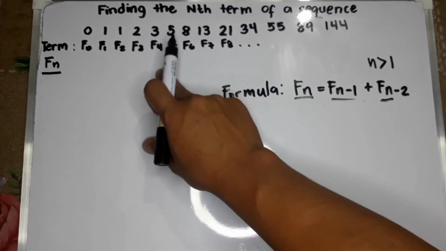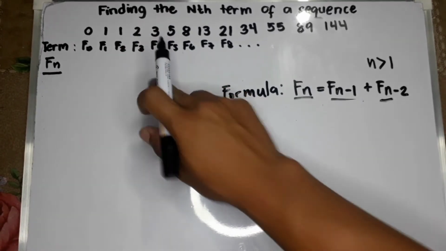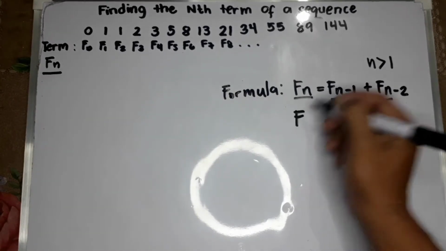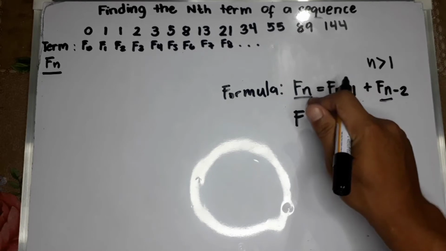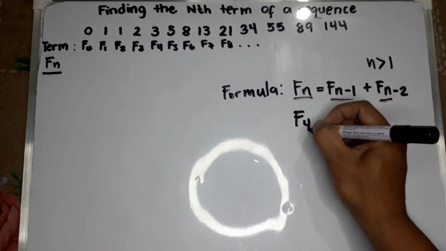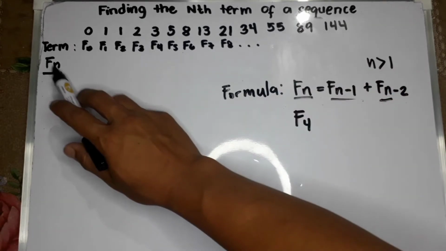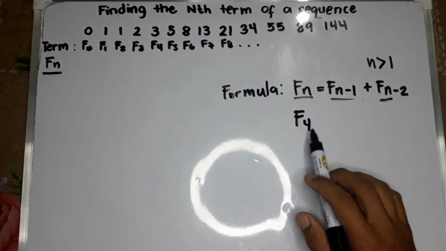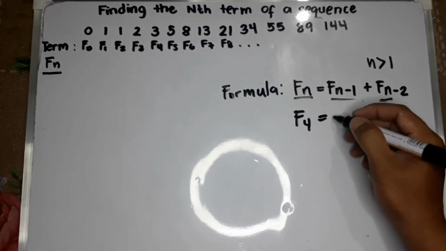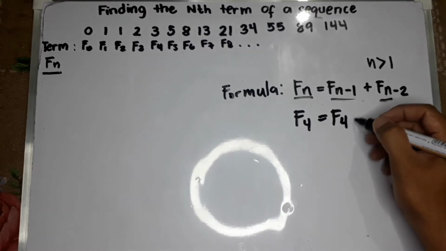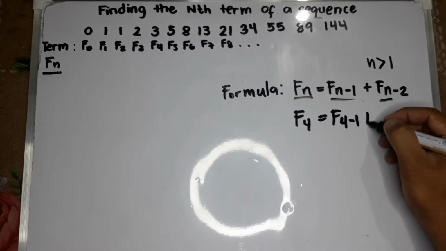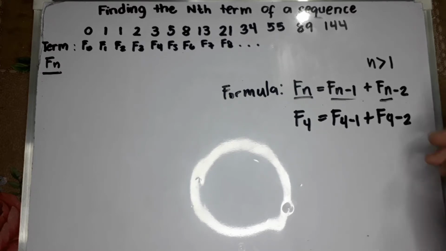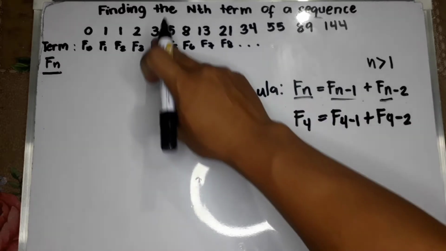Since 3 is in the fourth term, we will substitute 4 here. Fn becomes f sub 4 because n represents any number of term here. So we have f sub 4 equals f sub 4 minus 1 plus f sub 4 minus 2. We will try to check if we can get the number 3.